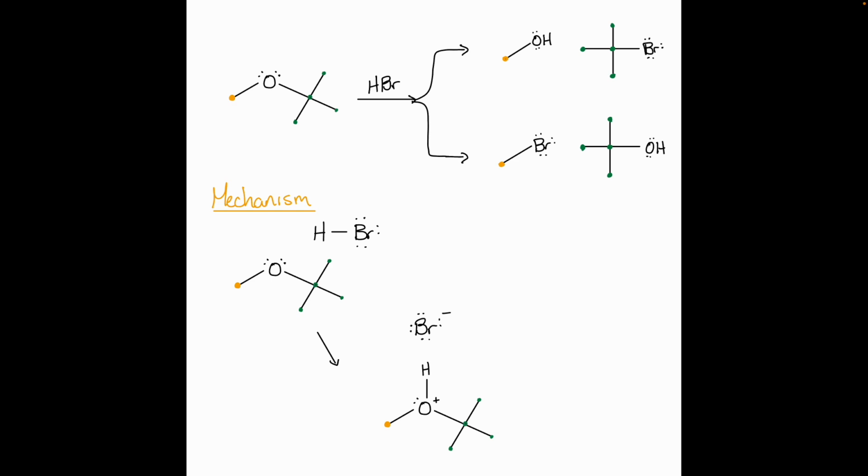If that bromide attacks that orange carbon, that will lead to this pathway here, where I get my methyl bromide. Or that bromide could attack that green carbon, and that would give me this pathway here, where I get my tert-butyl bromide.